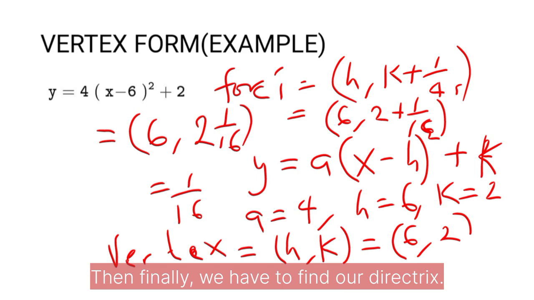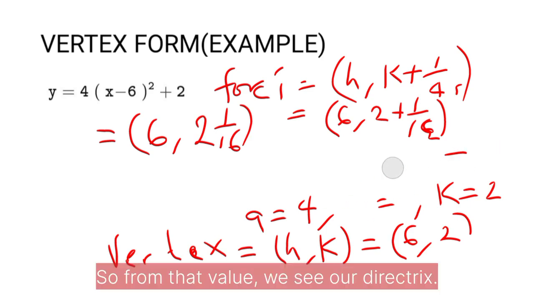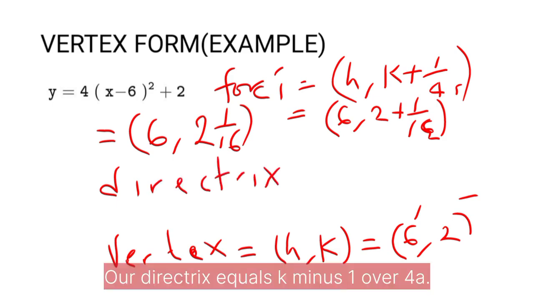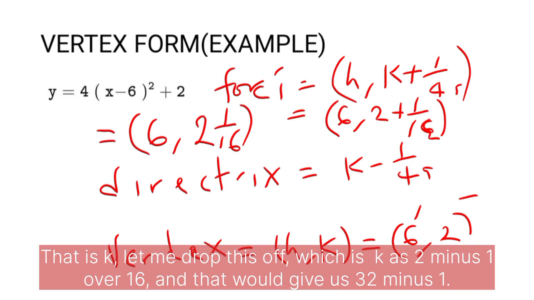Okay, that is it. Then finally we have to find our directrix. So from that value, we say our directrix equals k minus 1 over 4a.